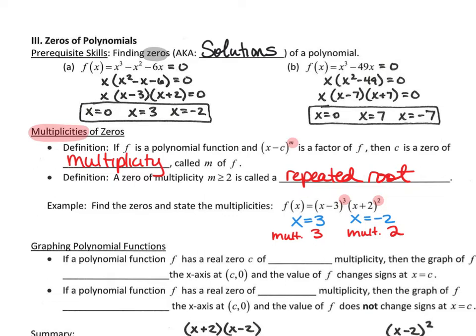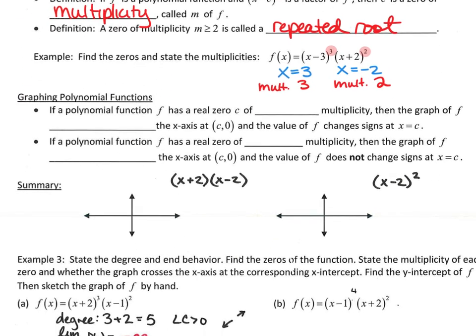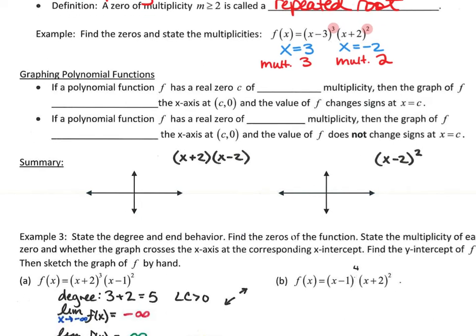What's great about these multiplicities is that it allows us to graph these functions knowing what happens at each of those zeros. So if a polynomial function f has a real zero of odd multiplicity, so the number that is floating on the outside of the parentheses is an odd number, 1, 3, 5, 7, you get it, then the graph crosses the x-axis at that zero, and the value of f changes sign there.